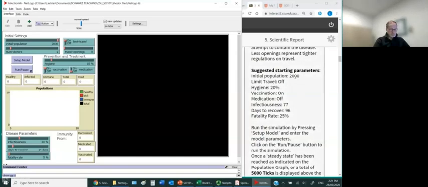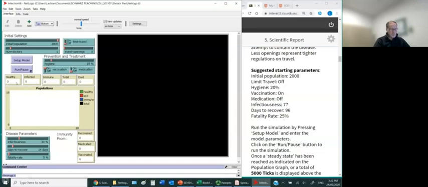They're made up so that if you change some of these, you are likely to see some sort of result, which means our testing should actually show something. So I'm going to leave travel openings off. I'm not going to limit the travel.